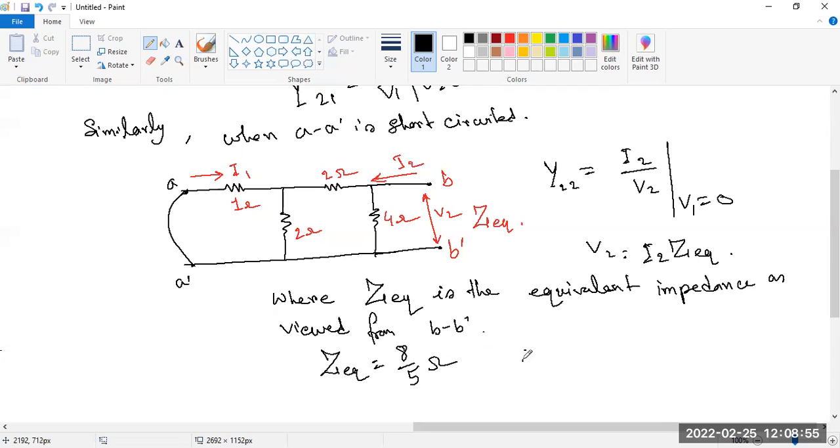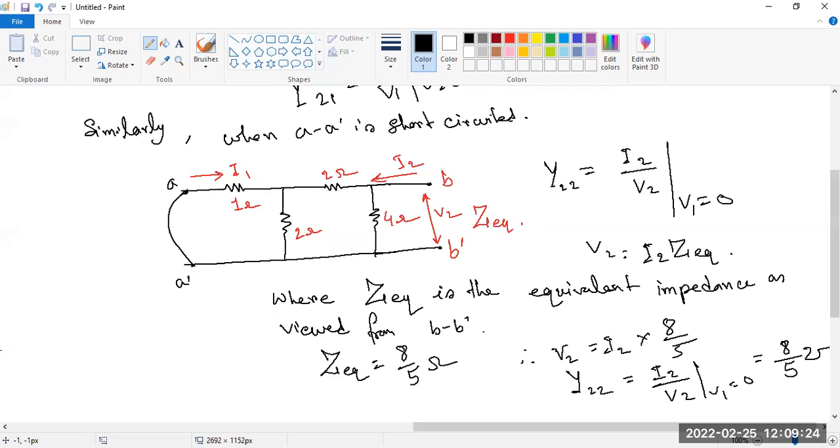Okay, so you can find that. So Y22 is I2 by V2 when V1 is 0, and we can write 5 by 8 mho.